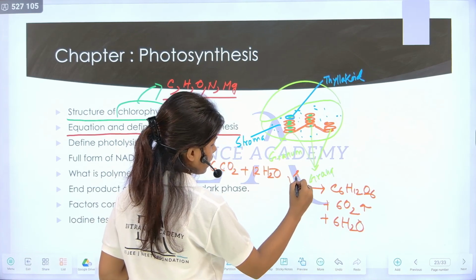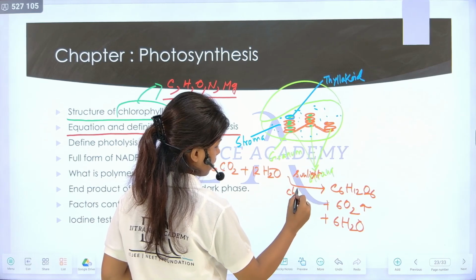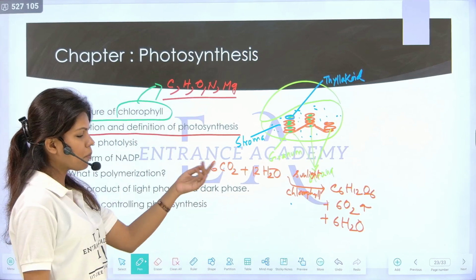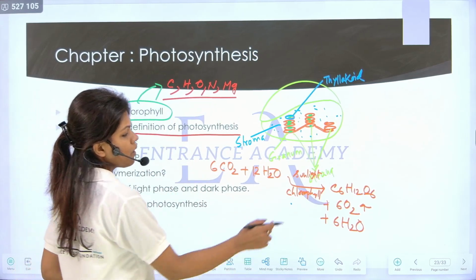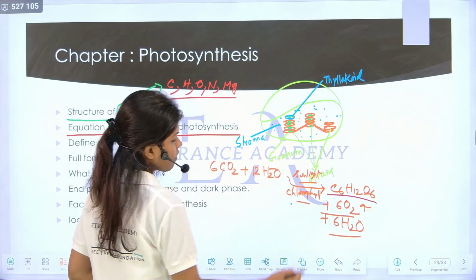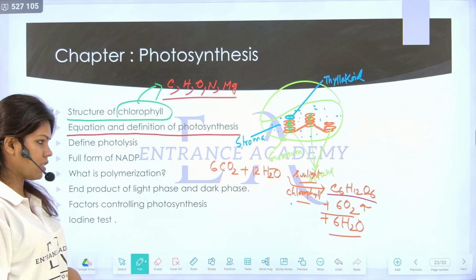Here you will write sunlight and chlorophyll. So carbon dioxide and water, by using sunlight and chlorophyll, will produce glucose, oxygen, and water molecule. This is the complete balanced equation of photosynthesis.